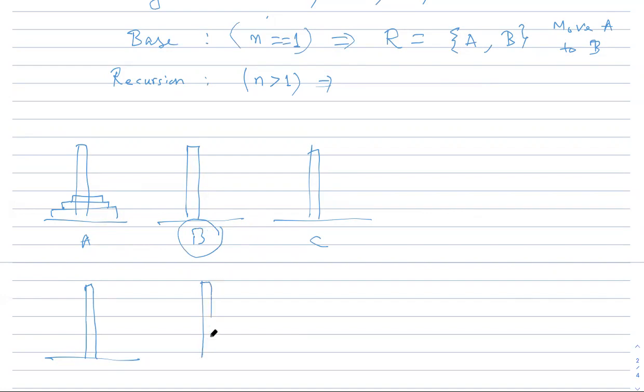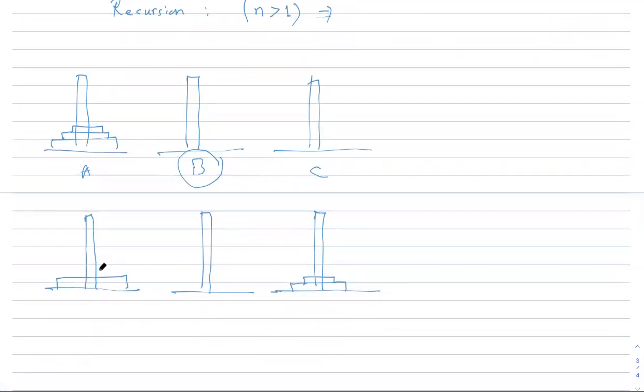But just before you solve it, you would have the 2 smaller disks from A sitting on C, and the largest disk on A. If you know somehow how to send the top 2 into C with the help of B, then you can simply move this larger disk here.